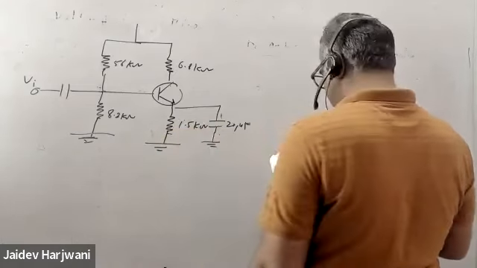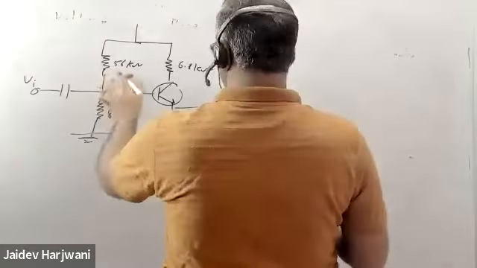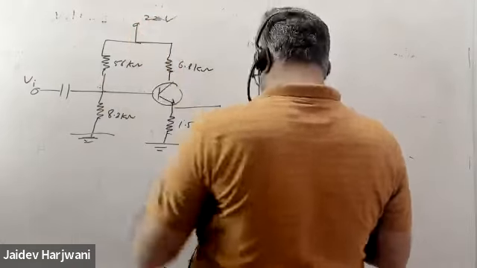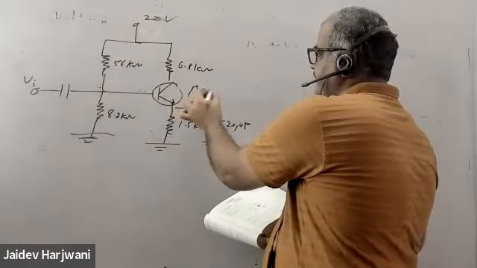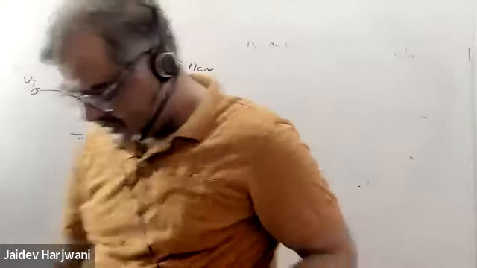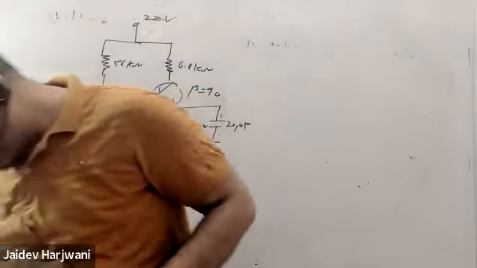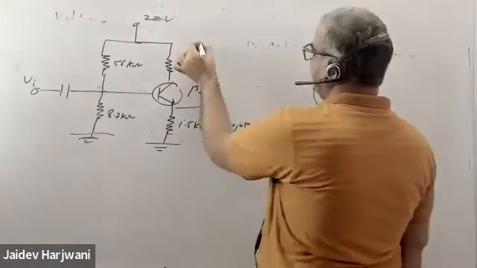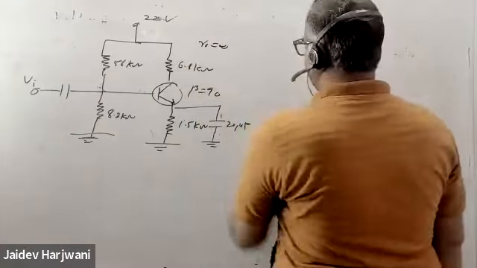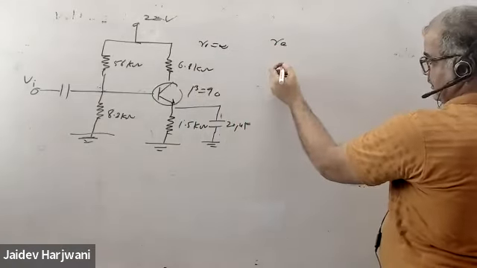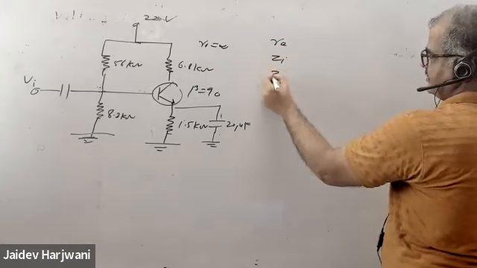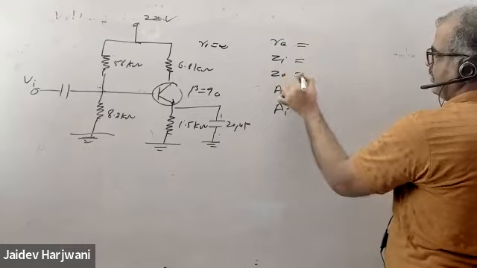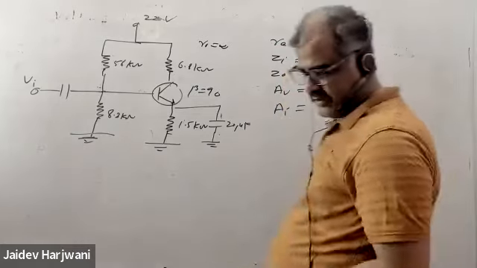The ground is in parallel. The 56 kilo, 16 kilo, and the power supply is 22 volt. Beta is given as 90. You want to calculate RE, taking R naught as infinite, then Z impedance, AV and AI. Tell me the values.